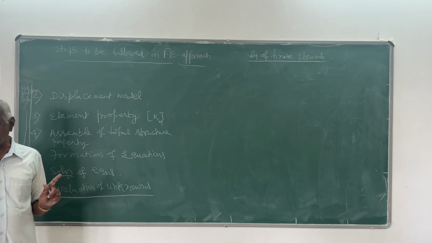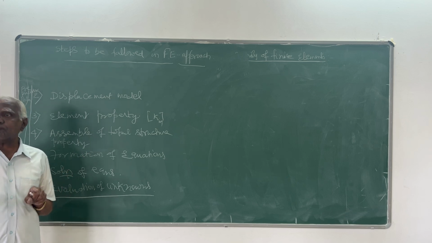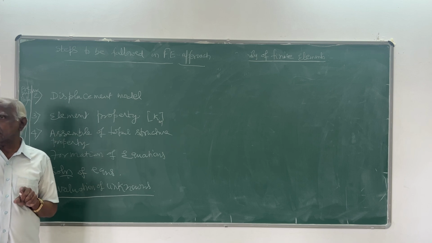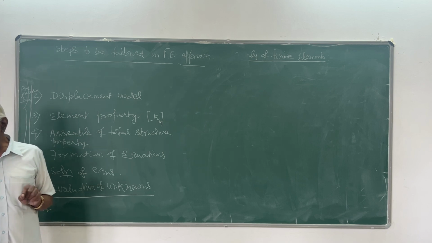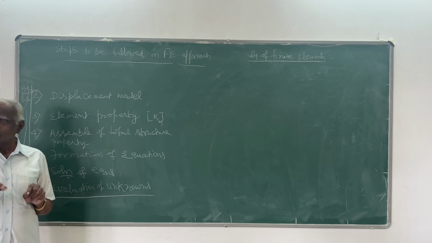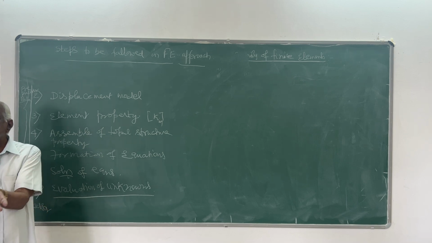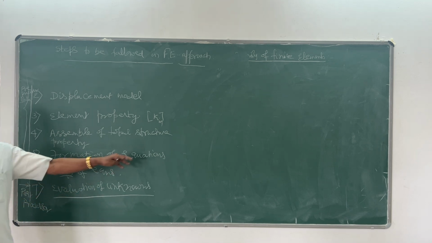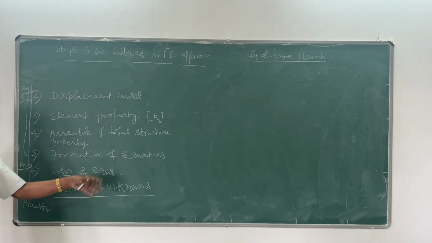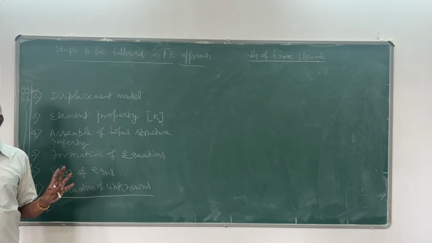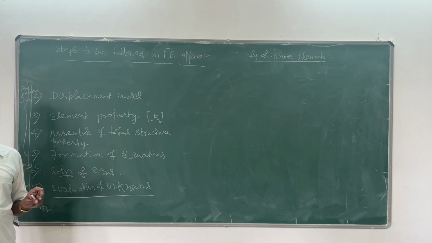In the case of a rigid plane frame problem, you have 3 degrees of freedom. Horizontal, vertical, as well as it can happen in any direction, but for analysis purposes we resolve that only along the 3 basic global directions. So in a beam it is only 2, in a rigid plane frame 3, 2 translations and 1 rotation.